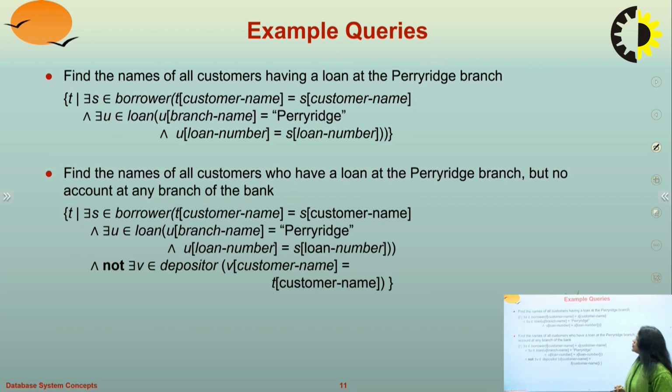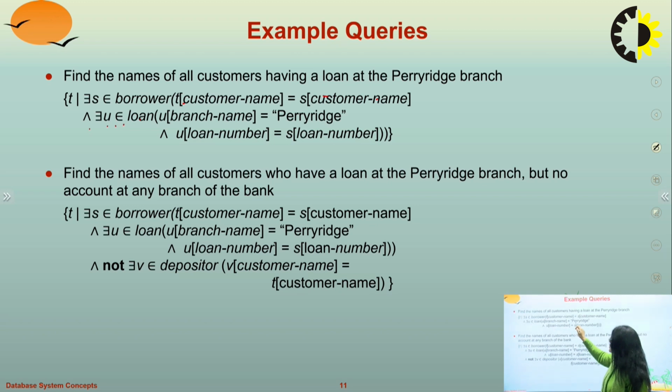Right? The next query: find the name of all the customers having a loan at a particular branch. Here we have taken Perryridge branch. Right. So how will we write the query? We'll write T, and then there exists a tuple S, element of borrower relationship, and T customer name is equal to S customer name, and there exists U, element of loan, and we will write the condition here.